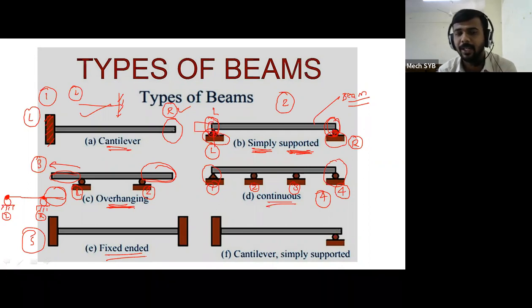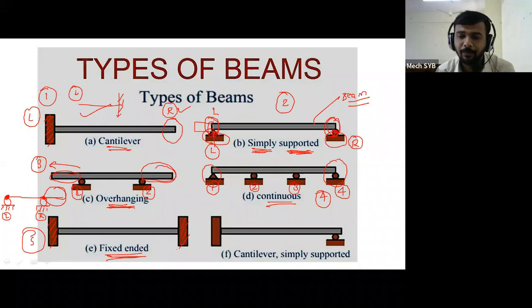If right side is fixed, left side will be free. That will be the cantilever. But in figure number 5, if you see their heading, fixed ended beam means the beam whose both ends are fixed. That beam is called a fixed ended beam.